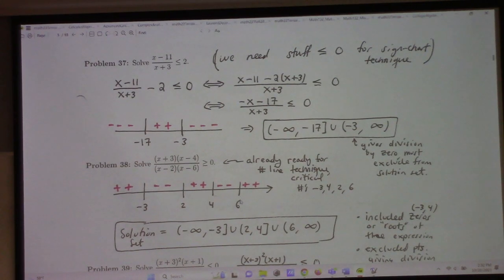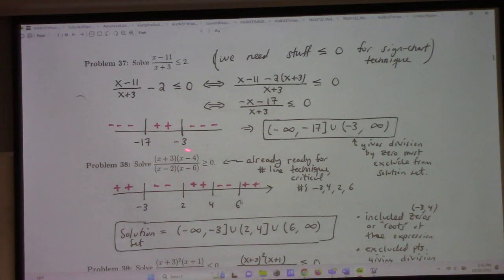Anyway, any questions about this one? Yeah. For the final part, I still don't get why you switch out the negative 17 or it stays there because of the negative x? Well, it stays there because that's what's in the number line, and so the number line tells us what intervals we put over here. So because there's a minus 17 here, that means there's going to be a minus 17 over here.